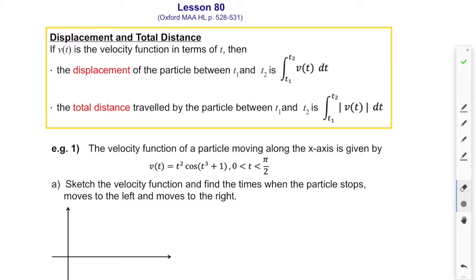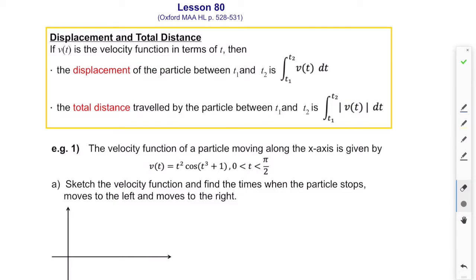The adjustment that you need to make to calculate the total distance, which is really the path length, so I ignore whether I went positive or negative in directions, is that I can take the definite integral of the absolute value of v of t with respect to time from t1 to t2.